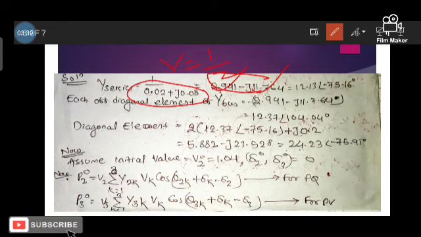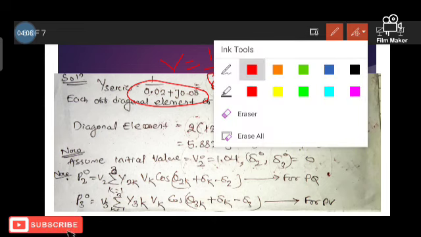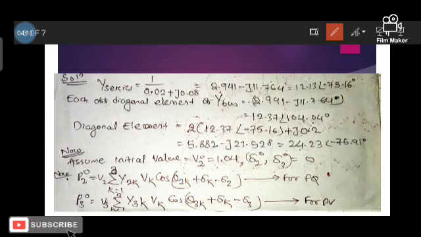But we require only the magnitude and the angle. For the magnitude, we square both parts and take the root, which gives 12.13, and the angle is tan inverse of the imaginary part divided by the real part, which gives minus 75.96 degrees. So this is your series admittance.